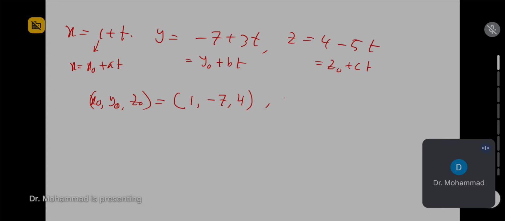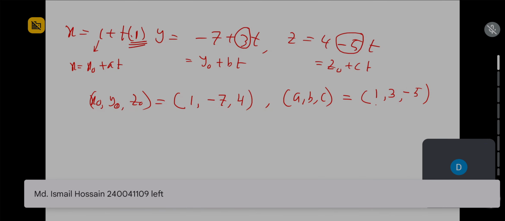Yes, sir. And what is ABC? This is our 1, 3, minus 5. You see, this is minus 5. This is 3. And here we have this is 1. Okay. So we have the vector V is this.